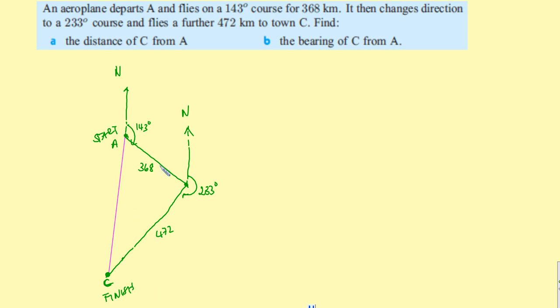The first thing we want to do is make sure that we have a 90-degree triangle to deal with, because if we do, it's going to make things a lot easier for us. So I'm going to quickly measure.